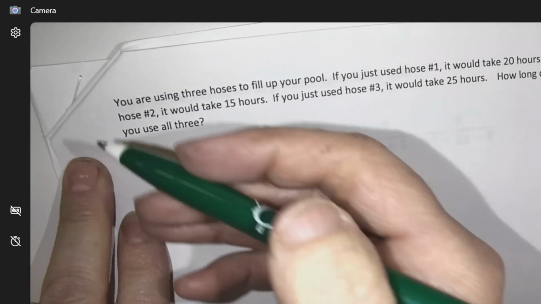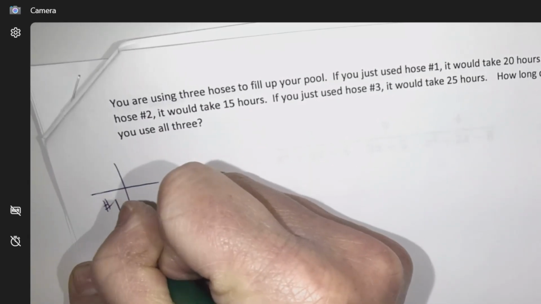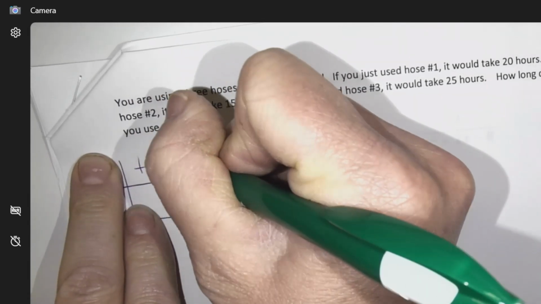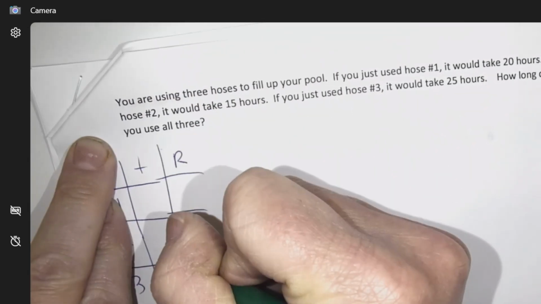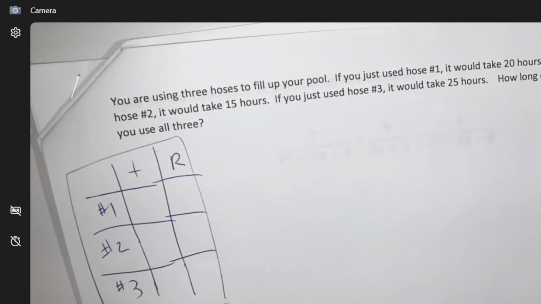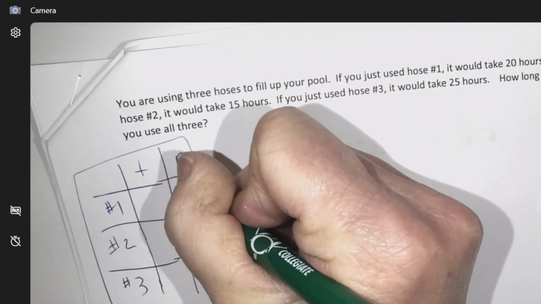Okay, you're using 3 hoses to fill up the pool. Okay, so this question, if you were going to use just the first hose alone, it would take 20 hours to do the pool. So that is going to tell me a rate.